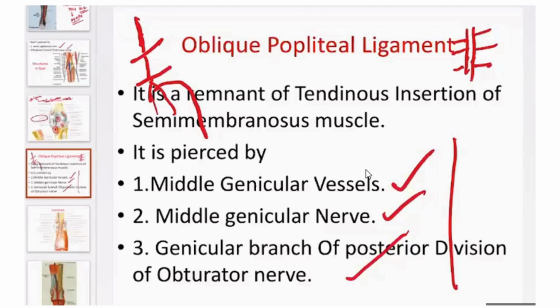Anterior tibial continues as the dorsalis pedis artery. Posterior tibial artery gives one branch to the lateral compartment called the peroneal artery. Oblique popliteal ligament, this you should remember. It is pierced by three structures: middle genicular vessels, middle genicular artery, and the genicular branch of the posterior division of the obturator nerve.